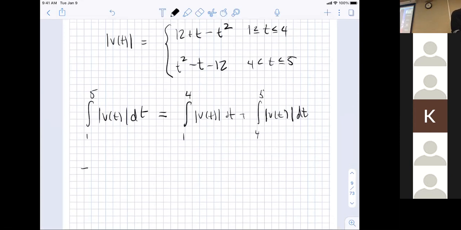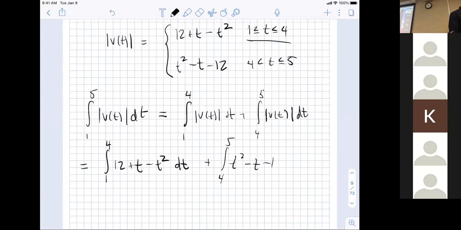And so this just becomes the integral from 1 to 4 of 12 plus t minus t squared dt, plus the integral from 4 to 5 of t squared minus t minus 12 dt.